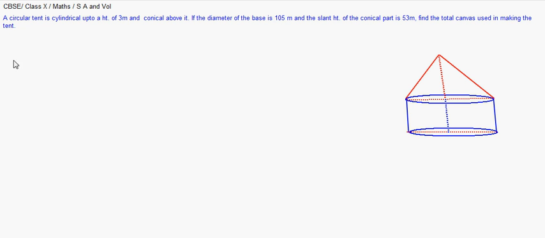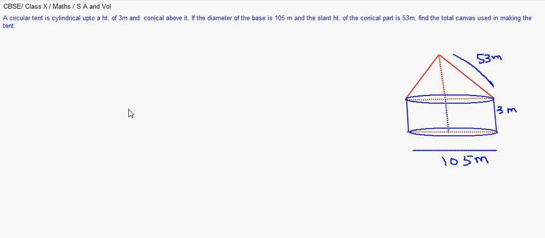The circular tent is cylindrical up to the height of 3 meter. That means this height is 3 meter. The diameter of the base is 105, that means this whole length is 105 meter. The slant height is 53, this is given to be 53 meter. Find the total canvas used in making this tent.